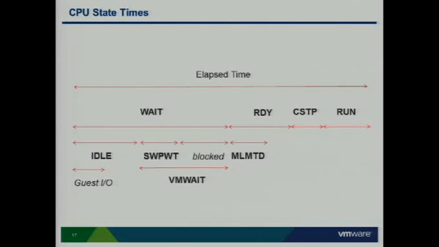Now, if the VM wants to run all the time at 100% utilization, since you set a resource limit, we will forcibly deschedule the VM so that it only gets to use 2.4 gigahertz worth of cycles. So in those cases, you are max limited. You are limited by your resource limit max settings. That is tracked separately from the ready time. So if you want to know the true CPU contention that is happening with other VMs, you basically have to subtract the max limited time from the ready time.